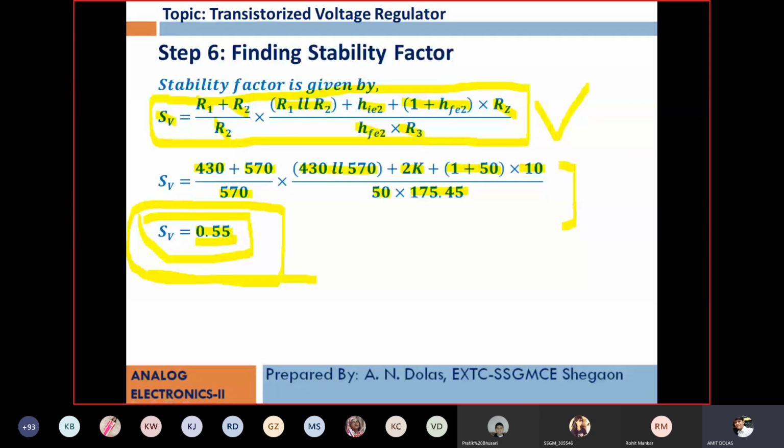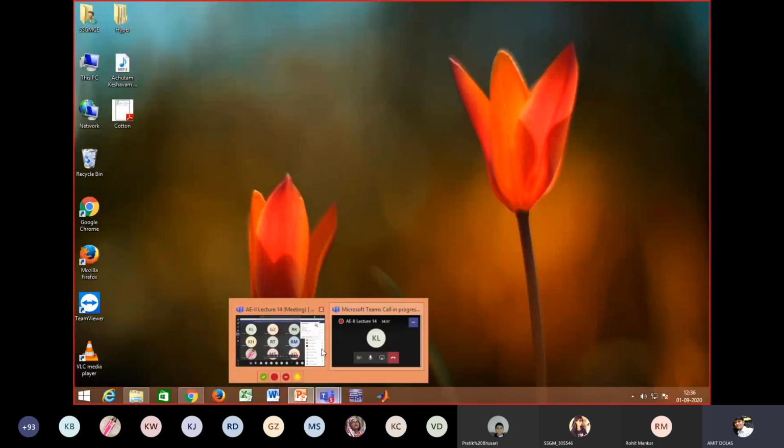So here we calculated stability. So these are 6 steps to solve such kind of problem. We'll have one more problem based on this. Till then, if you have any query, you may ask.